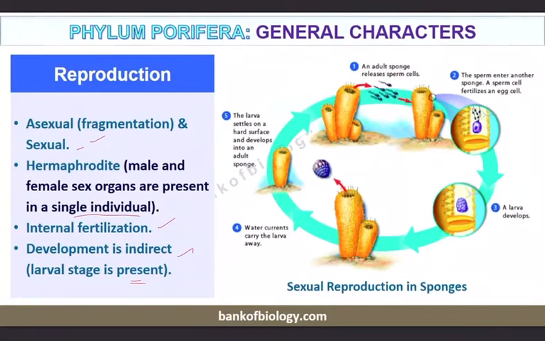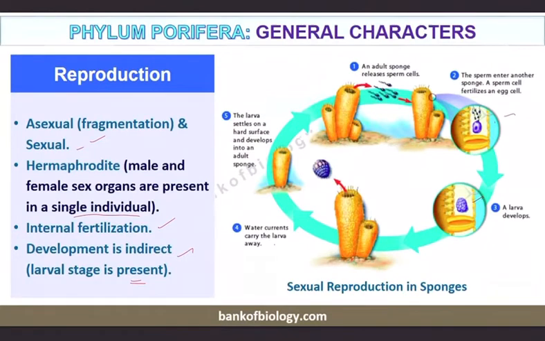So through sexual reproduction also they can reproduce. Fertilization is internal, and development is indirect. A larval stage is present. That means the egg becomes a larva, and the larva becomes an adult. The egg doesn't directly become an adult. That's why we say indirect development.